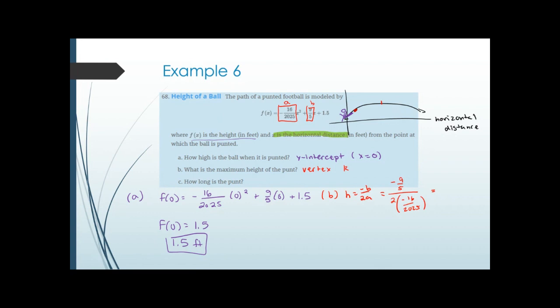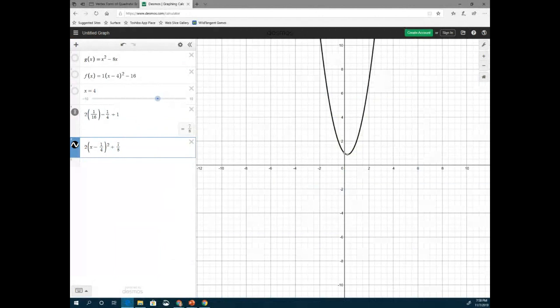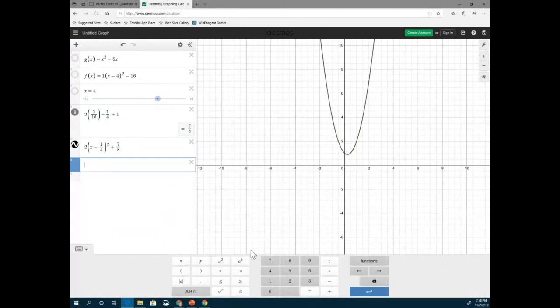So I'm going to go back to Desmos since I have that available. I don't have the fraction button here. So at the top of our fraction is negative 9/5. I'm going to put that in parentheses, divide it. So now I'm creating my fraction. And then it's 2 times our a value, which is negative 16 over 2025.